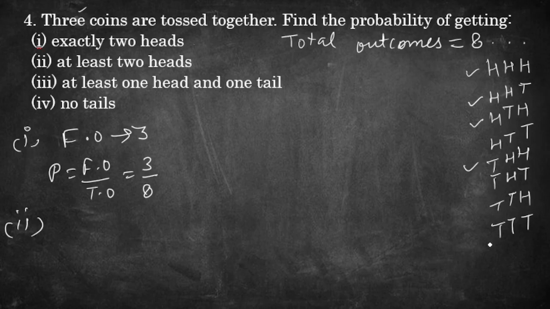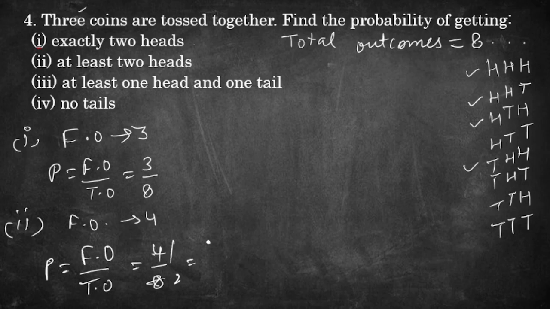So there are 4 places where we find 2 or more than 2 heads. So the favorable outcomes are 4, and the probability is favorable outcomes upon total outcomes, 4 by 8, which is 1 by 2.